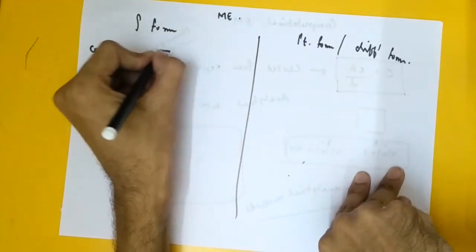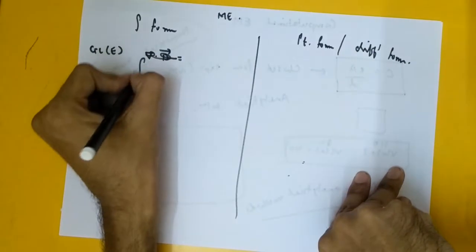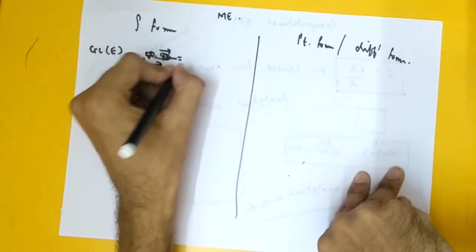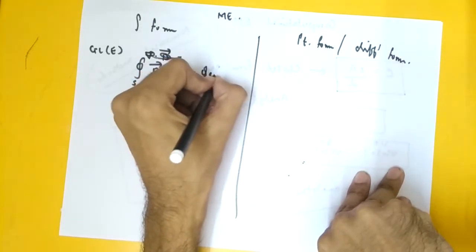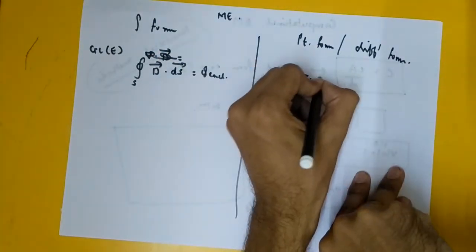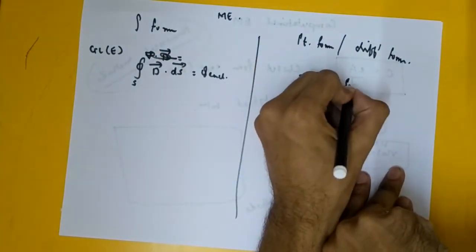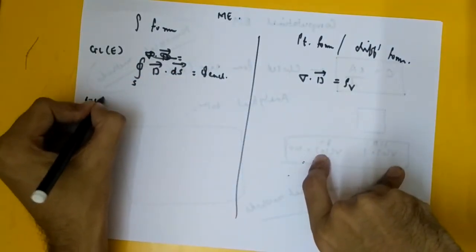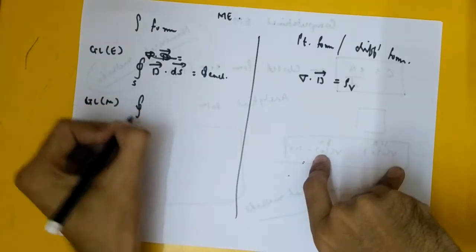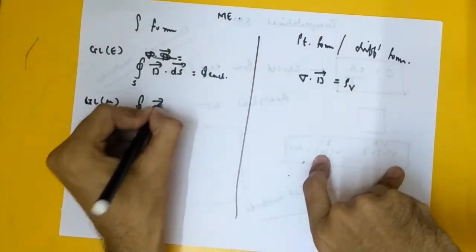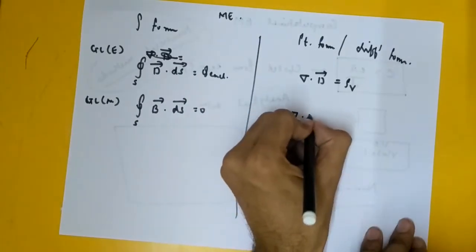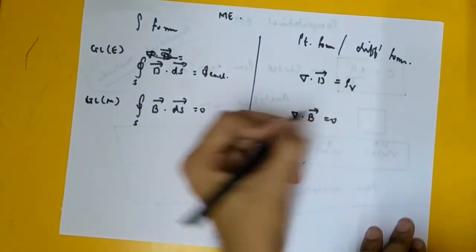Integral form is closed surface integral of D vector dot dS vector equal to Q enclosed. Point form is del dot D vector equal to rho v. Then Gauss law for magnetic fields: surface integral of B vector dot dS vector equal to 0. Point form is del dot B vector equal to 0.